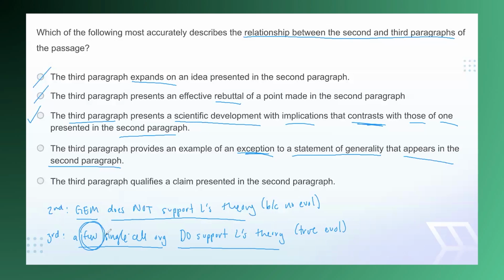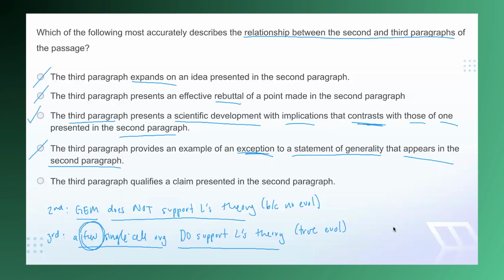And we know in the third paragraph that the evolution that these few single-celled organisms undergo is unlike gene expression modification. So this third paragraph is not an exception. Like in answer choice B, it's just a different case. So really tough one, but we can eliminate it.